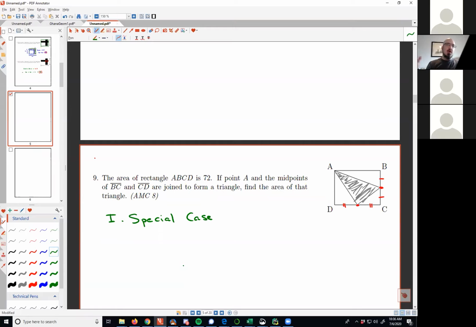We may have a general figure, but we say, well, if all of the answers are going to be the same, then we might as well pick our own numbers. Maybe we'll pick numbers that are easy for us, like 6 by 12. I picked those because they're both even numbers, and so we can divide them by 2 with the midpoints. Great. What's our answer going to be in this special case?